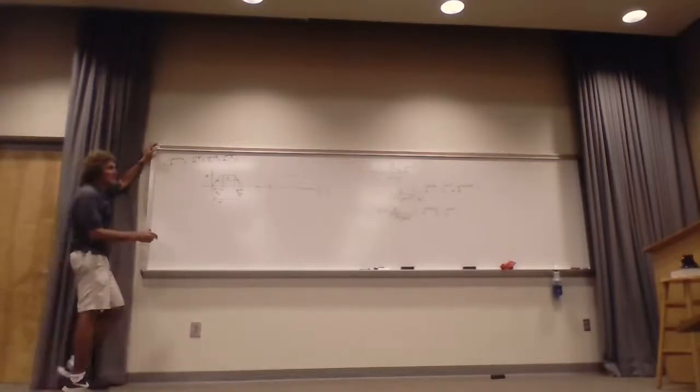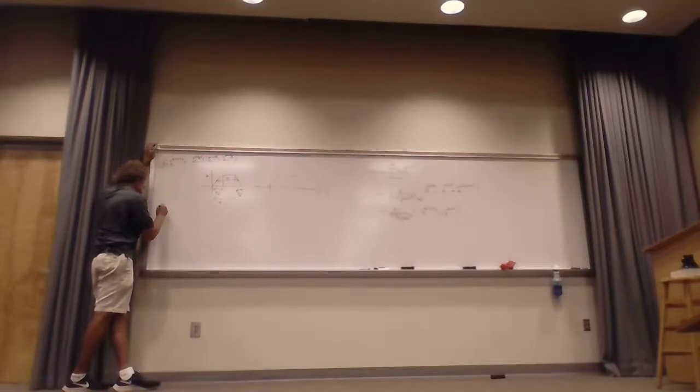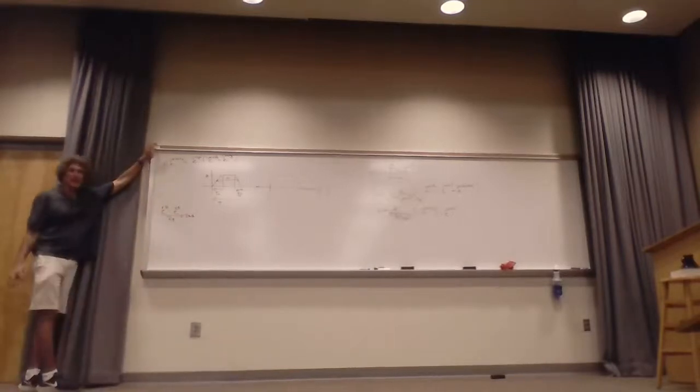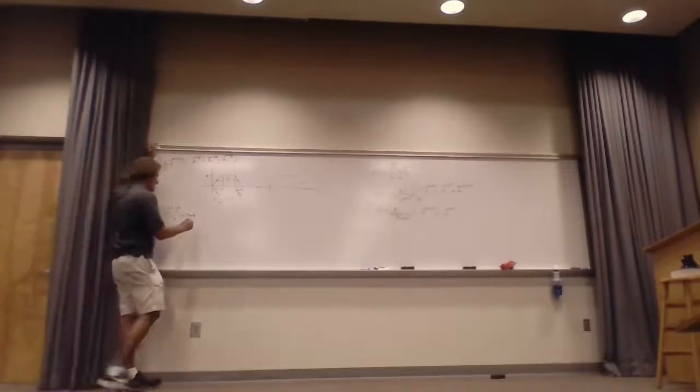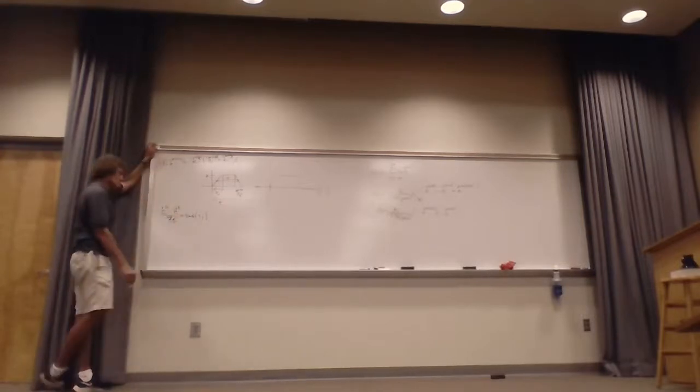Now, when I do that, I can say that e to the j theta minus e to the minus j theta, the way it's usually put forward, over 2j is the sine of theta, right? All right. So if I multiply both sides by 2j, I get this.